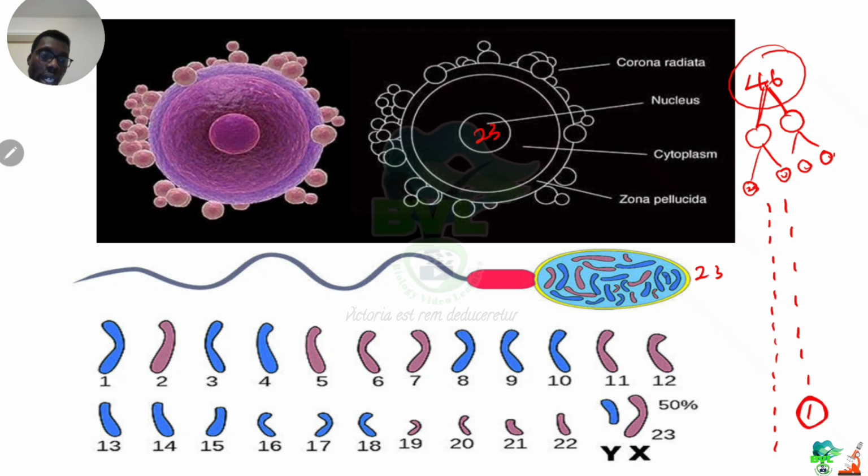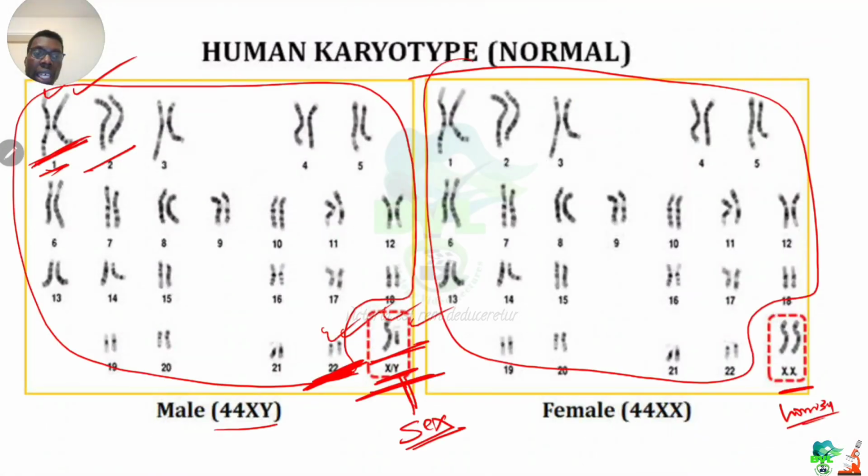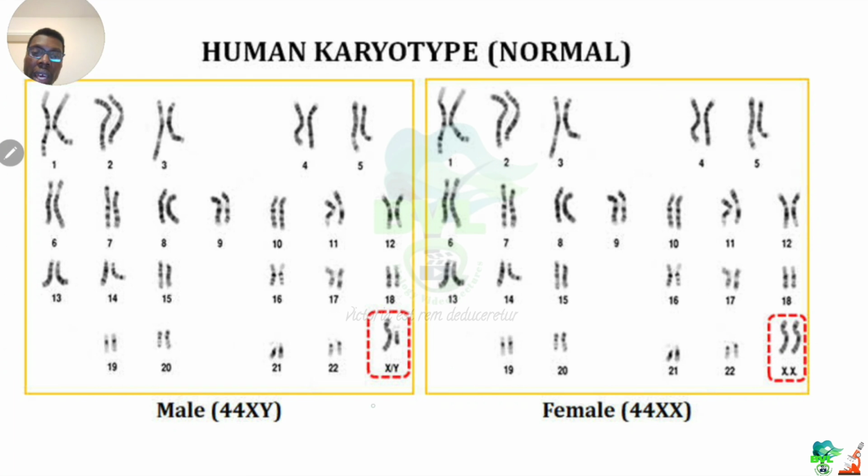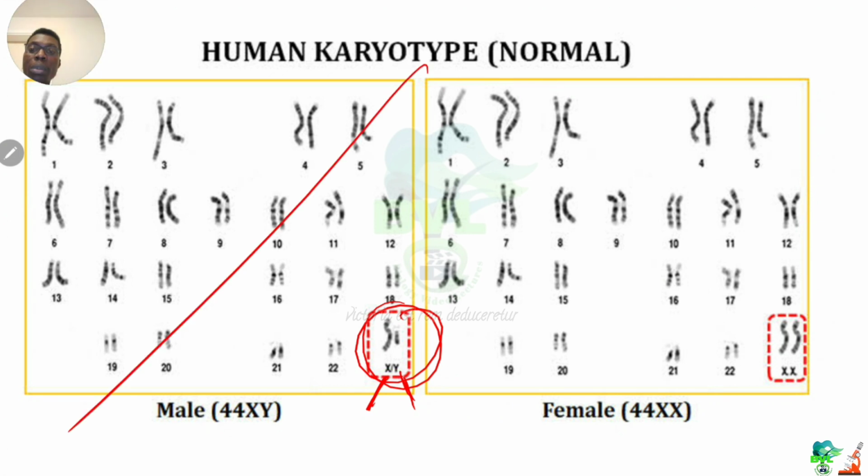This last one, if it's a male, can be X or Y. Because the male has X and Y, imagine if you divide this into 2, that means it's going to be 23.